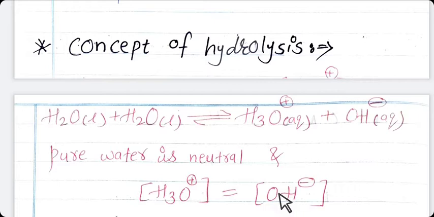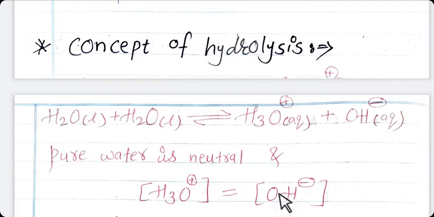I am repeating, student: salt dissociates in water completely, which means water acts as a solvent, but the solvent water dissociates slightly, and pure water is always neutral, in which the concentration of hydronium ion is equal to the concentration of hydroxyl ion. If the ions of the salt do not interact with water, the hydronium and hydroxyl ion concentrations remain equal and the solution is neutral.